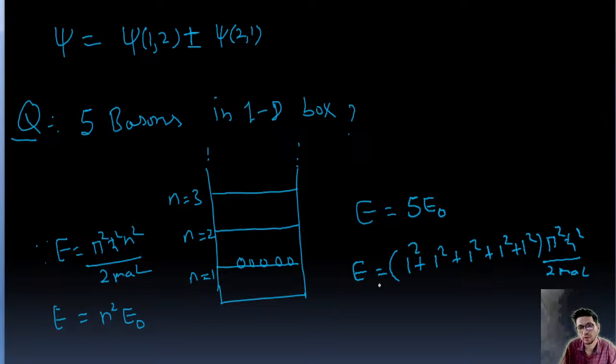This value is E naught, guys, means E naught equal to pi square h cut square upon 2 m a square. Because bosons will be in the ground state, the total energy of the system is going to be 5 E naught. I hope you have understood it. Simple.